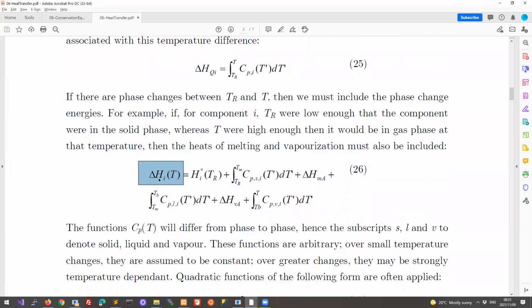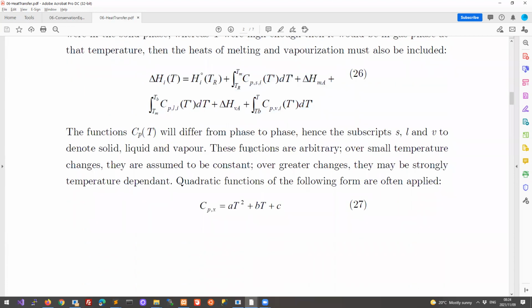That's how you estimate the change in energy that's needed to achieve the final temperature given a reference temperature. And again, that reference temperature might be below the melting temperature or it might not be. So that's how you keep count of the energy in the system.